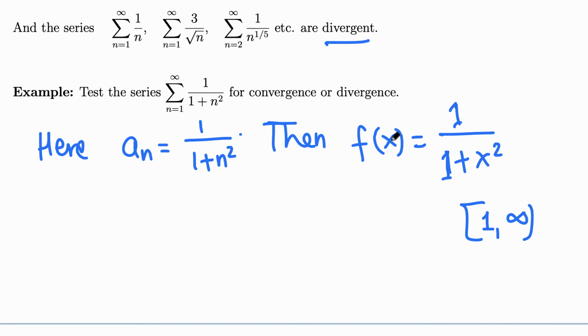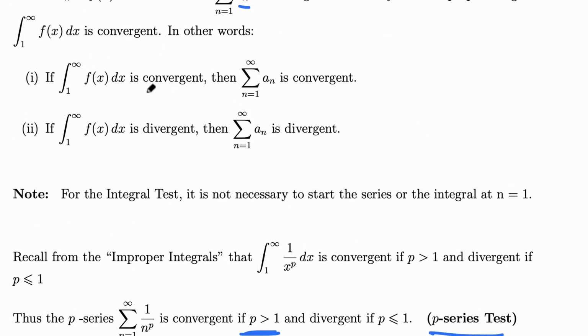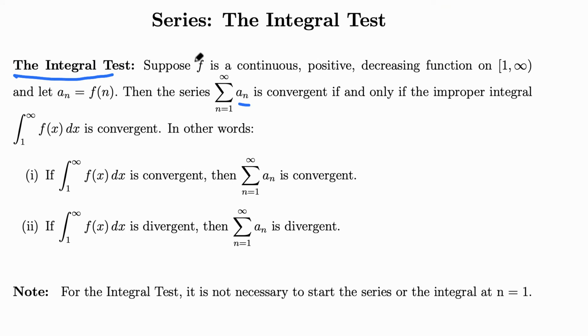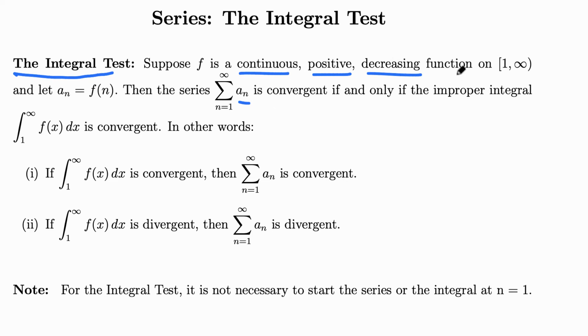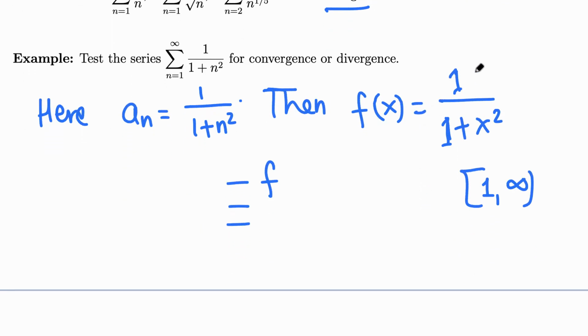Now we need to show three things for f. To apply the integral test, we have to have f continuous, positive, and decreasing on the corresponding interval. For 1 over 1 plus x squared, the graph is continuous, since the bottom is never 0. So f is continuous, and that part is fine.